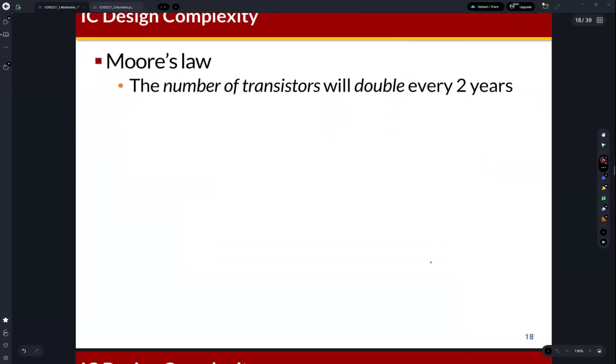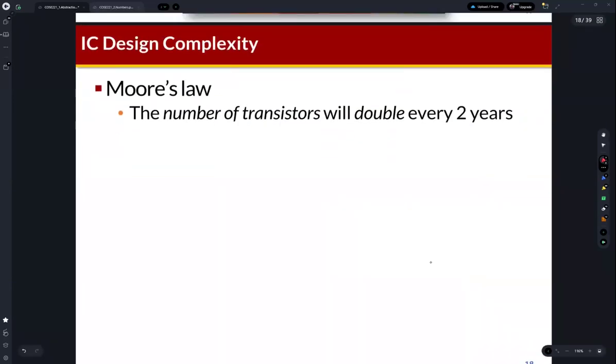So we can say that IC design, actually system design, is a very complex job. It means that in order to build a single computer system, which includes many chips, such as CPUs, also the board chips, also memories, and other I/O chips.